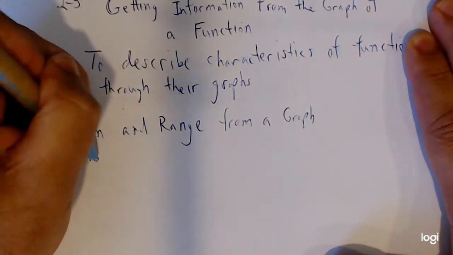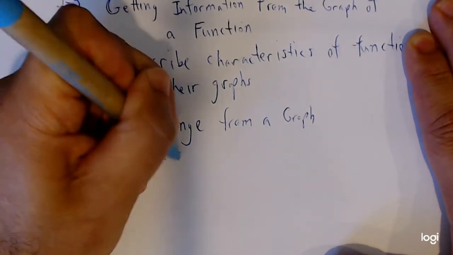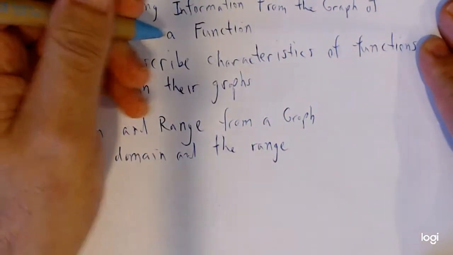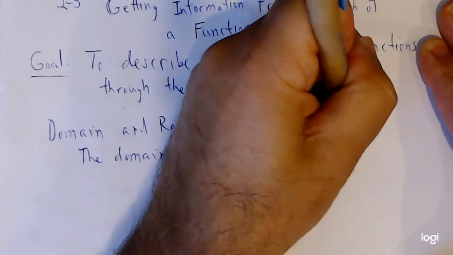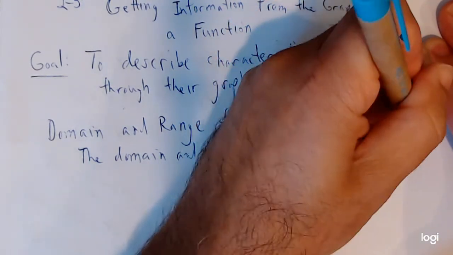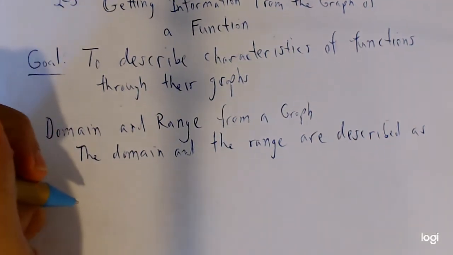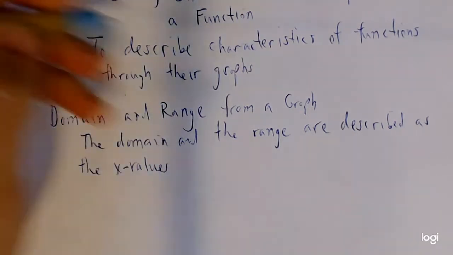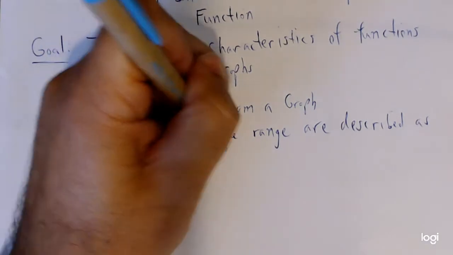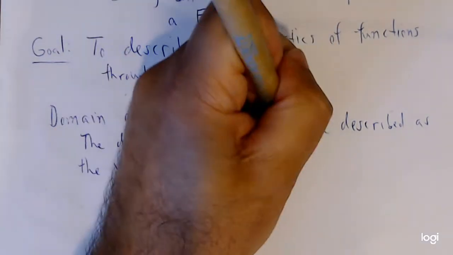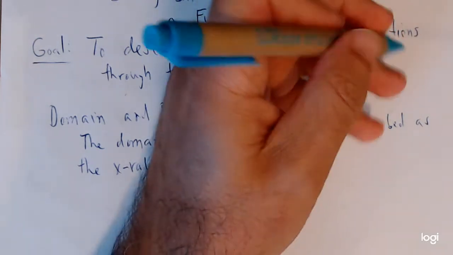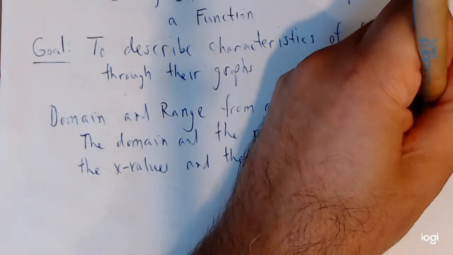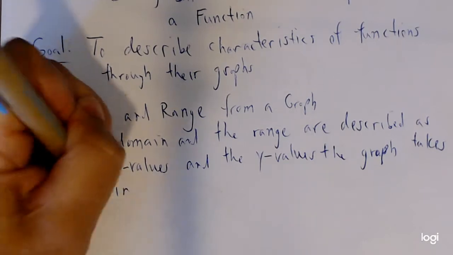So we're going to say the domain and the range are described as the x values and the y values the graph takes on, in interval notation.